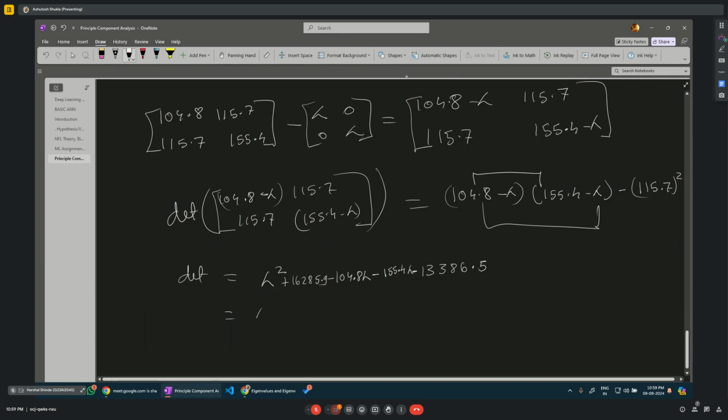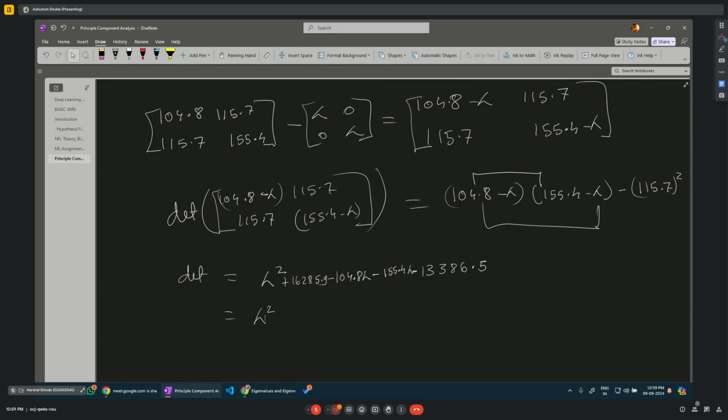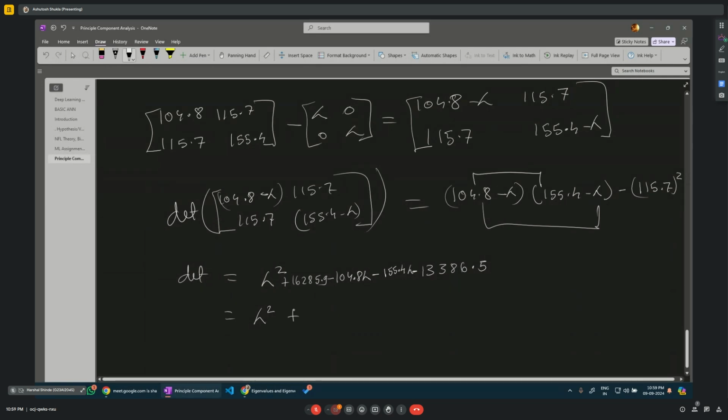Let's just write it. Lambda square plus 16,285.9 minus 13,386.5, which comes out to be 2899.42. I think rounding it up to 2,900 might be a better idea.